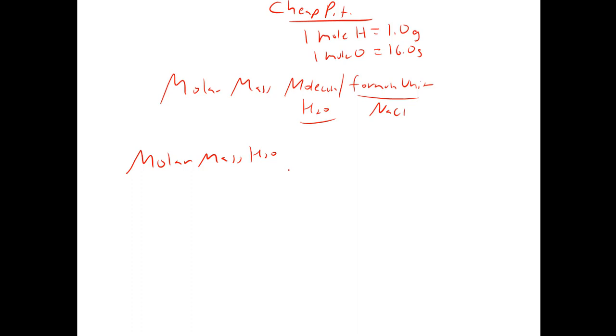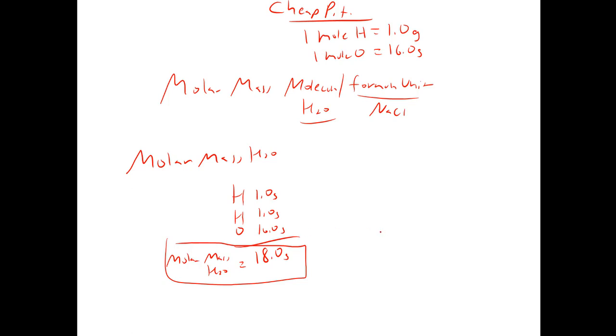Now this is pretty straightforward. All we have to do is add up the molar masses of each of the individual atoms, and we have the molar mass of the molecule. So in this case, for hydrogen, it's going to be 1.0 grams, 1.0 grams, 16.0 grams. And so the molar mass for H2O is going to be 18.0 grams.